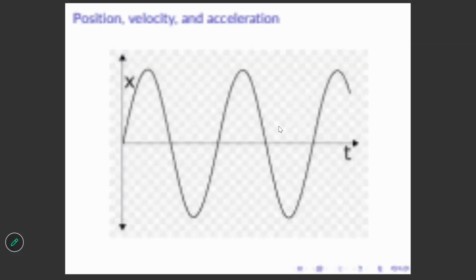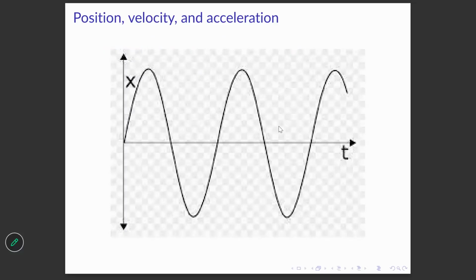Okay, let's go back. Here's the equilibrium position. When x equals 0, when position equals 0, we are passing through 0. Can you tell me about the speed? Is it big? Is it little? Is it accelerating? Well, it's got to be either moving or accelerating.